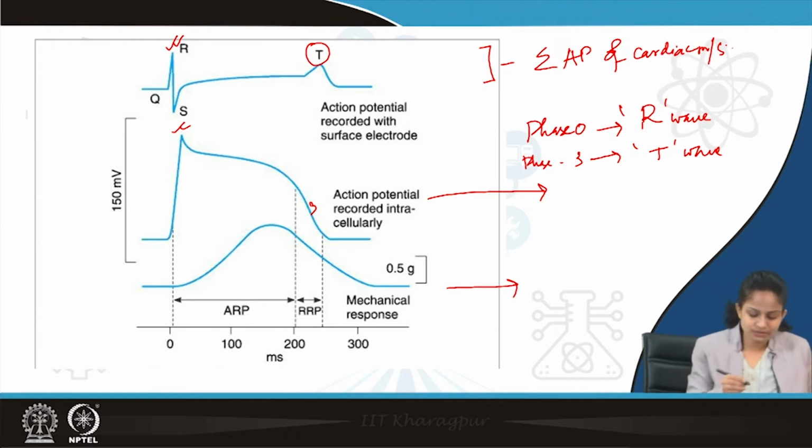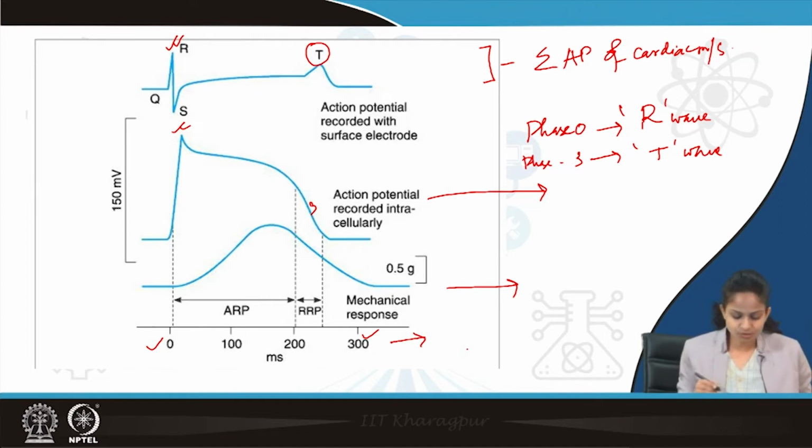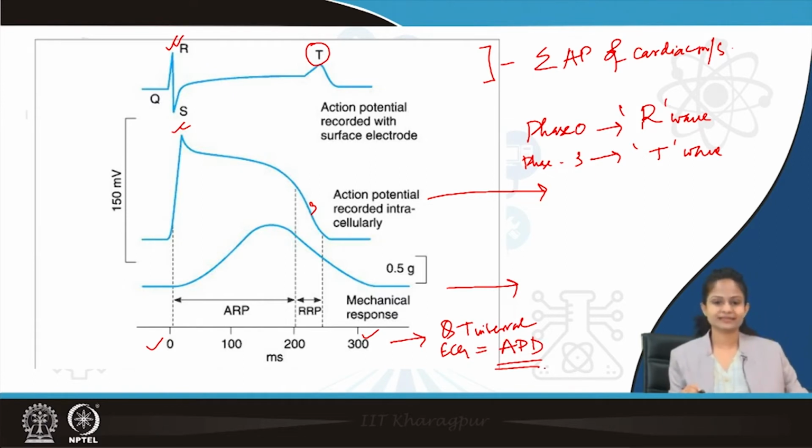This duration, the QT interval, as you can see, 300 milliseconds, is nothing but the action potential duration, which ranges between 250 and 300 milliseconds, more specifically 300 milliseconds for the ventricular muscle. So, this much you have to remember with the correlation of the electrical events and the mechanical events.